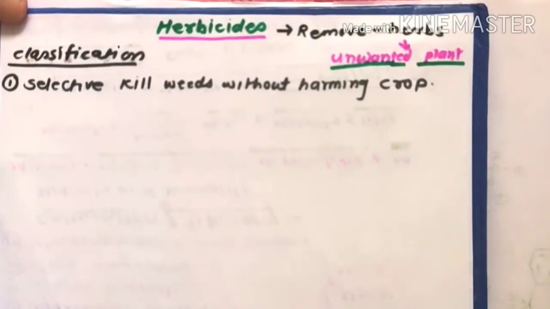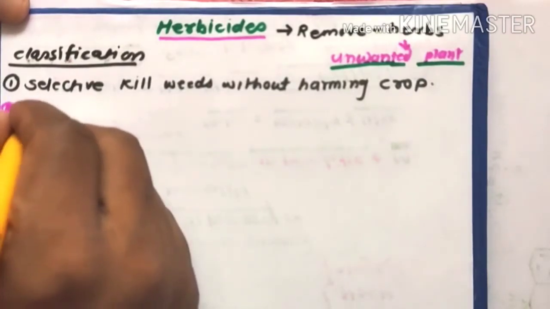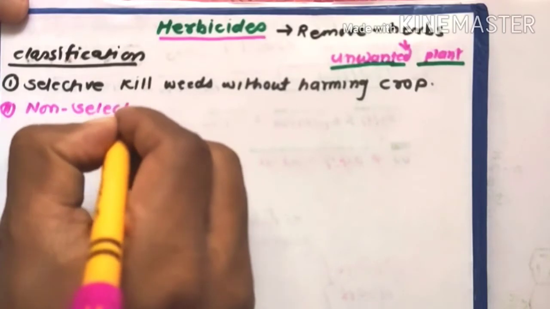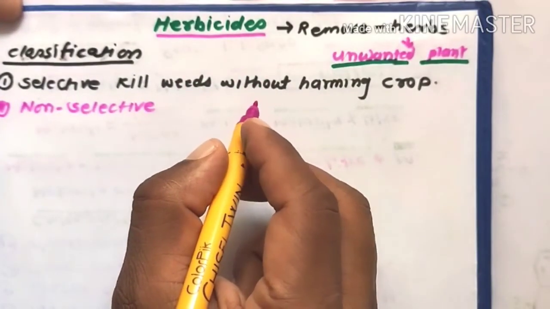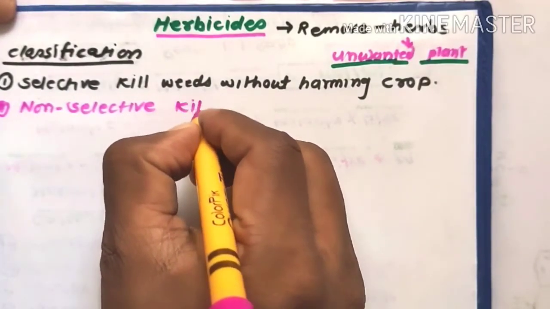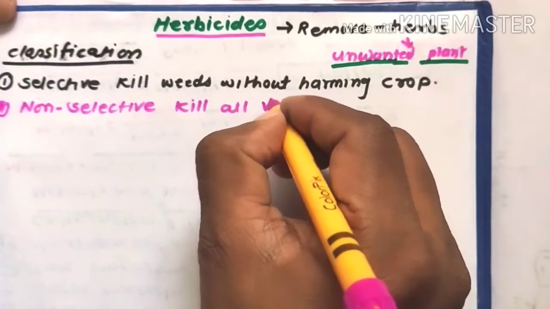And the second one, non-selective herbicides, which are used to kill all vegetation.